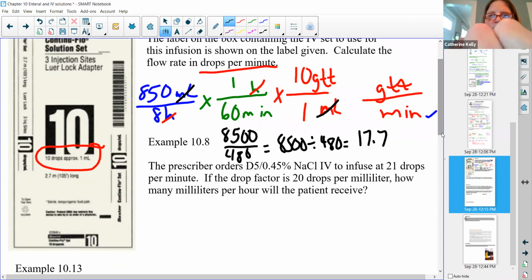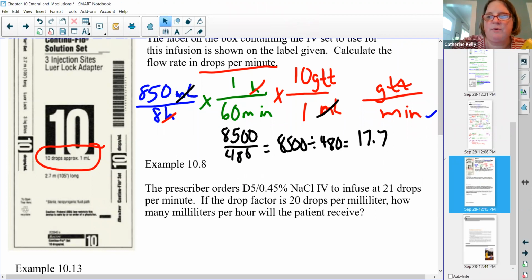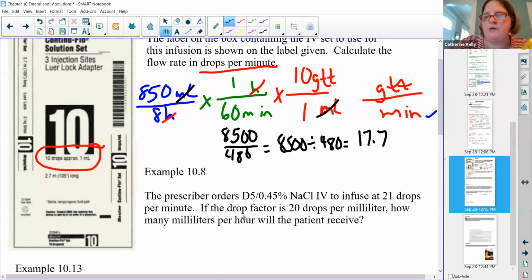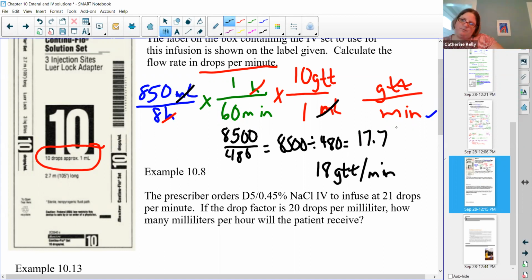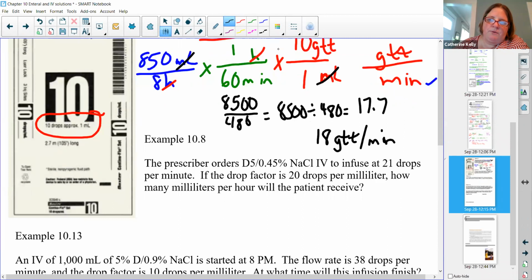So what you're going to do is round it to the nearest whole number since we're talking about drops. So it's going to be 18 drops per minute. And that's going to be your answer. If you answer 17.7 drops per minute, it's wrong. So make sure that you know when you talk about drops, it's in whole numbers.